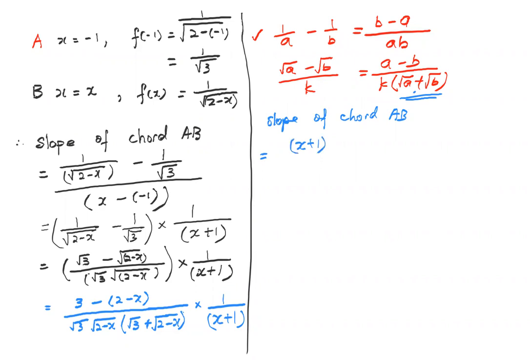Then the bottom, you just write down √3, √2 minus x, √3 plus √2 minus x. Just be patient and write it down. Times 1 over x plus 1. Am I right? So now, how does 3 minus bracket 2 minus x disappear? You work it out.